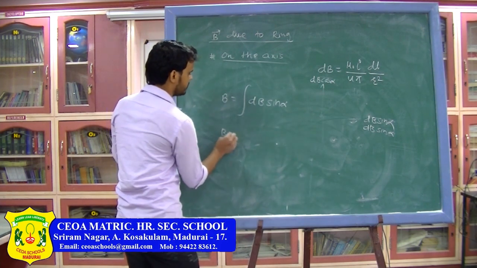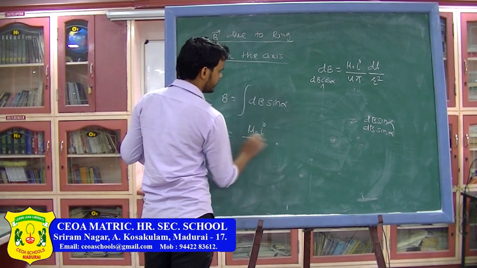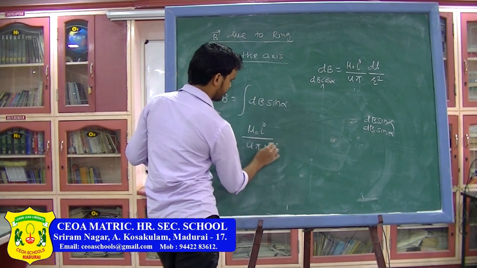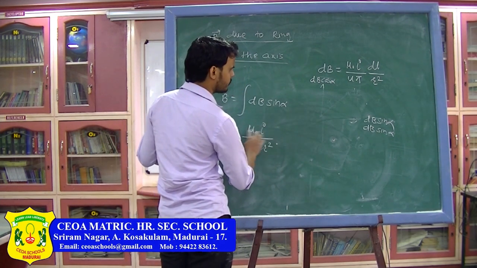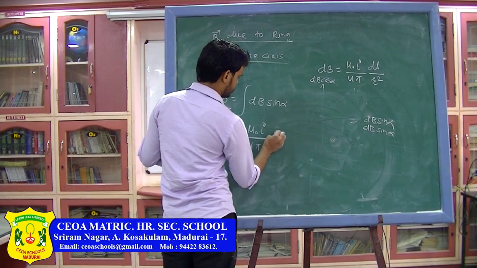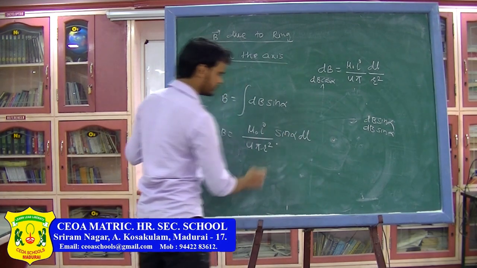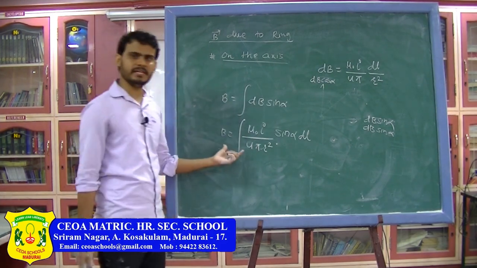So, here this will be dB equals mu naught I divided by 4 pi r square into sin alpha dl. So, this is the magnetic field and total magnetic field will be the integration.